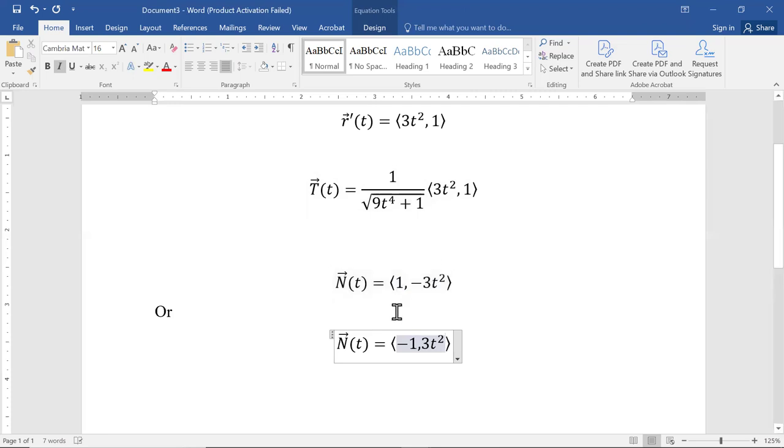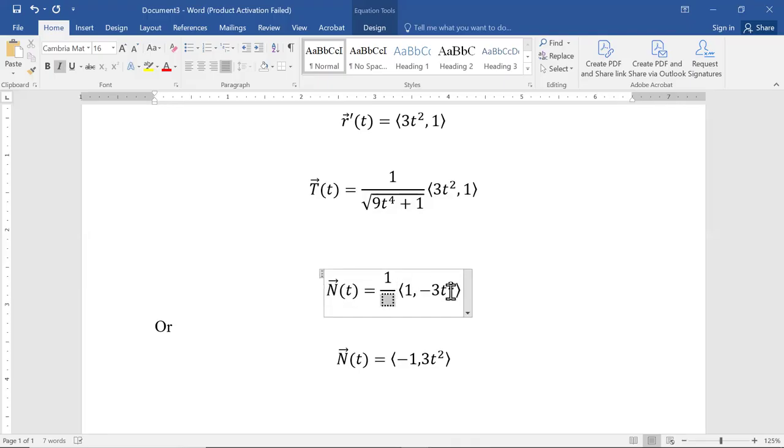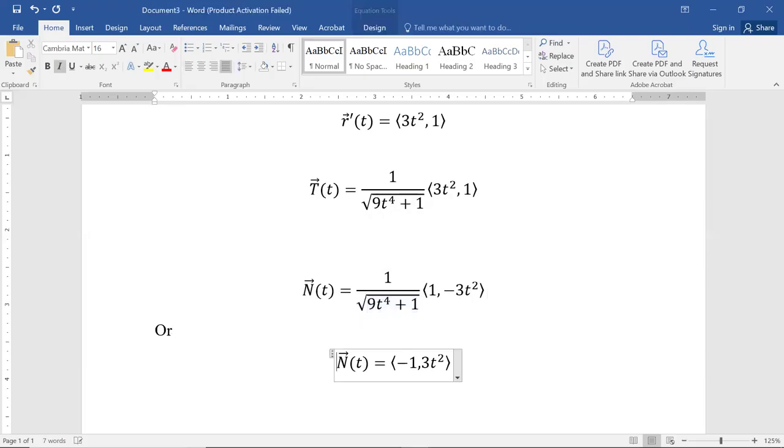And by the way, both of these would have length square root of 9t to the fourth plus 1. So if I wanted a unit normal vector, I do 1 over square root 9t to the fourth plus 1 on both of them.